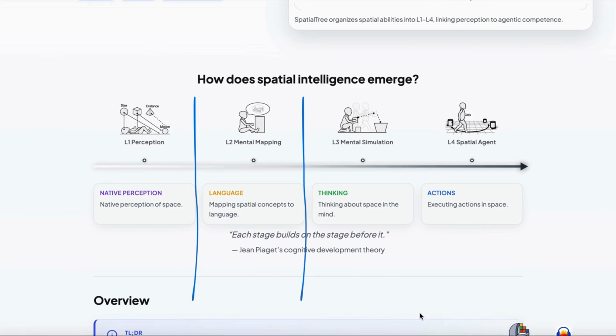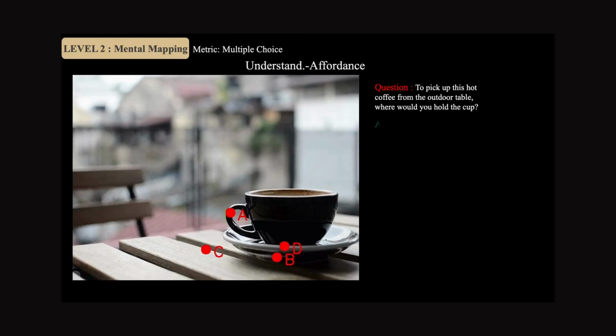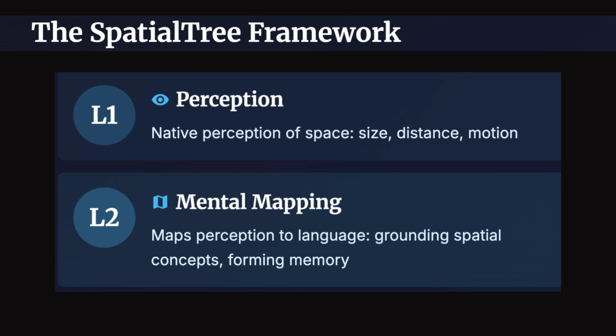Level 2, mental mapping. This is where perception meets language. The model takes what it sees and grounds those spatial concepts in linguistic semantics. It's no longer just raw geometry. This is language-structured spatial memory.